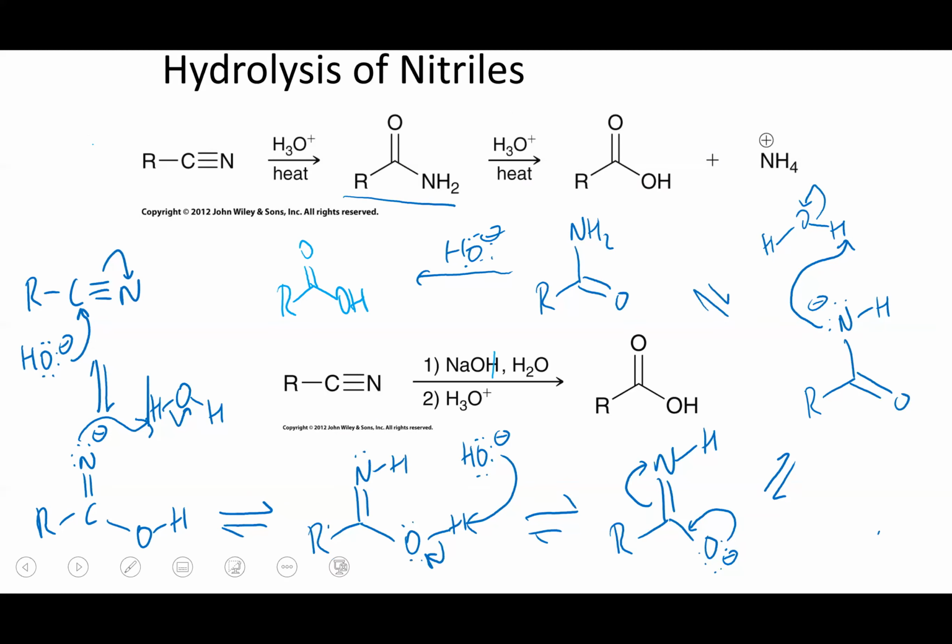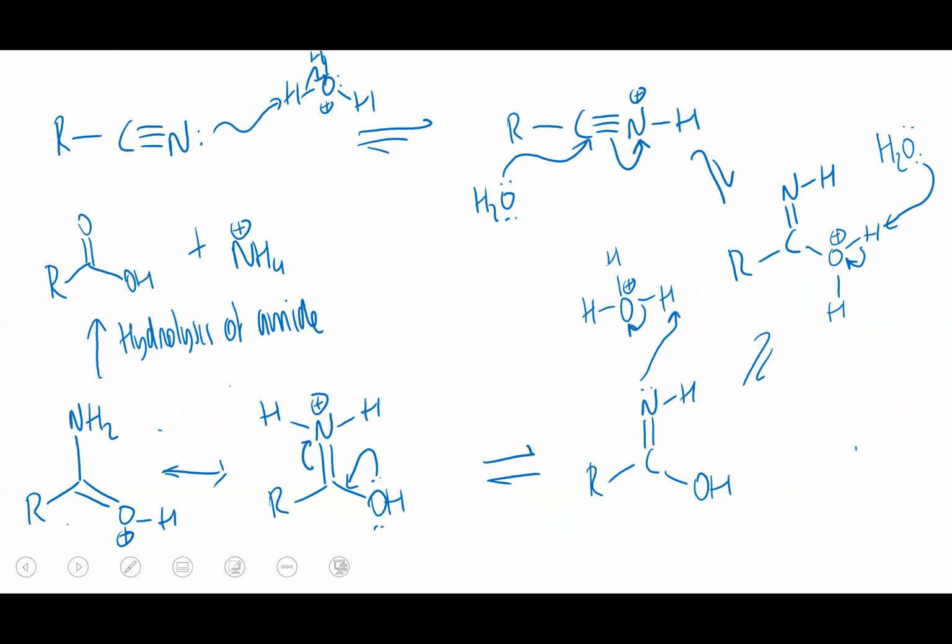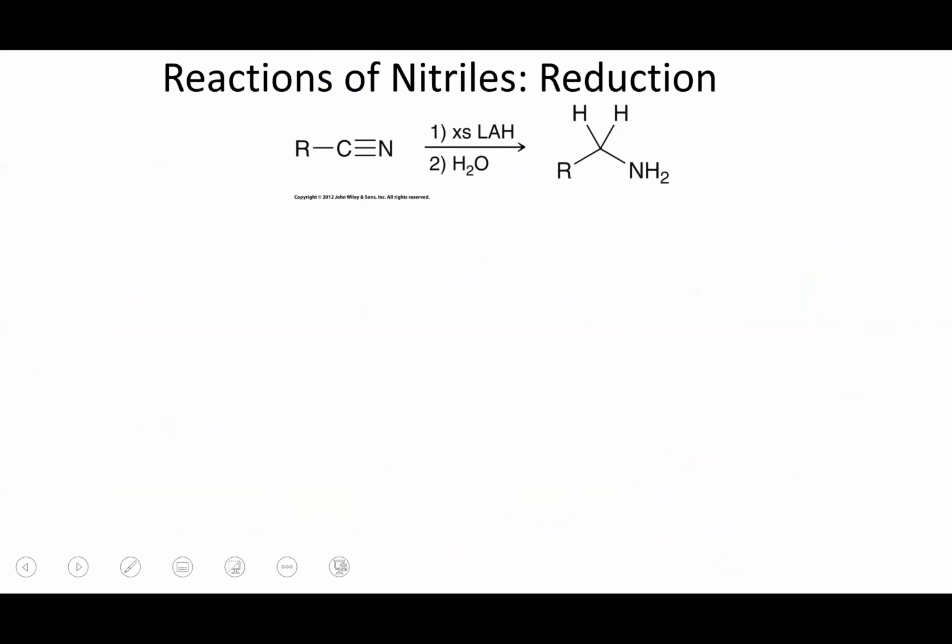Okay, let's take a look then at some reactions of the nitriles. I'm going to look at the reaction of nitrile with reduction. And this will give us an amine where we've added 2 hydrogens to this carbon and 2 hydrogens to that nitrogen.